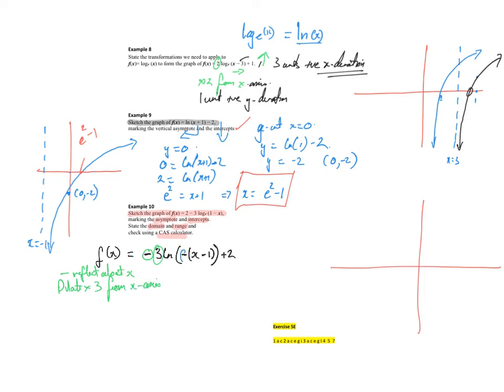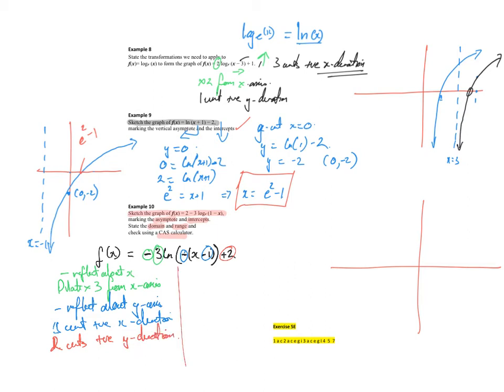That negative sign in there reflects about the y-axis. The 1 here, 1 unit positive x direction, and we'll go plus 2, 2 units, positive y direction. Now I know I didn't ask us to do that, but I think that's really good practice.